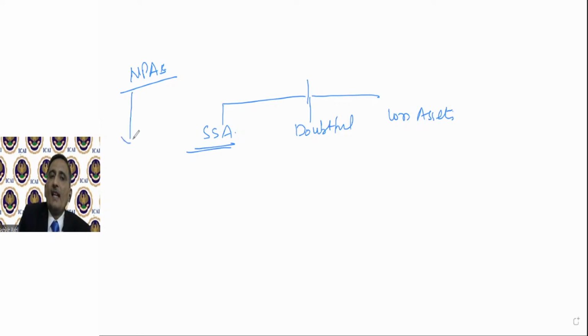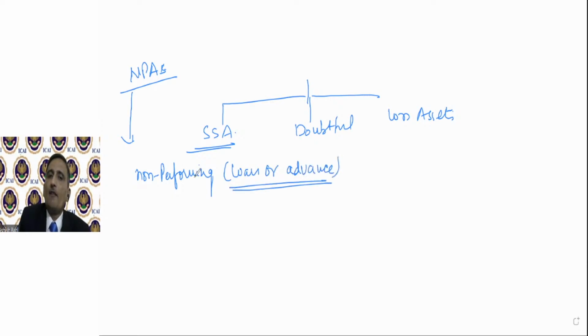Now RBI guideline states that an account becomes NPA, an account becomes non-performing asset. An account, what type of account? Loan or advance? Because we are talking about loan or advances.